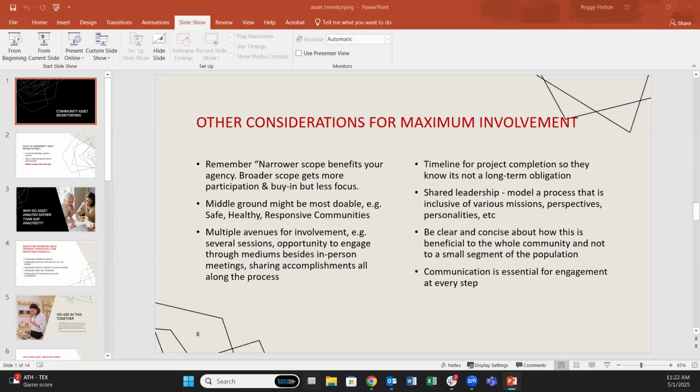What's most doable? Instead of saying we want to find what assets are available for victims of domestic violence or sexual assault, you might say, we want to do some asset inventory for safe, healthy, responsive communities. Do you see how the partnerships are going to grow, and your focus falls neatly in there?